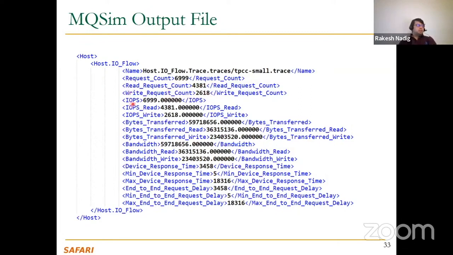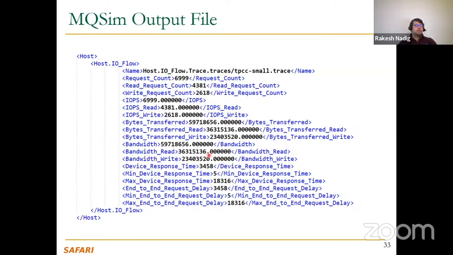And we also look at the throughput in terms of IOPS, the read throughput and the write throughput, and how many bytes are transferred to the device from the requests, and how many of them are read and write, and the bandwidth of the device, the overall bandwidth, and the response times.